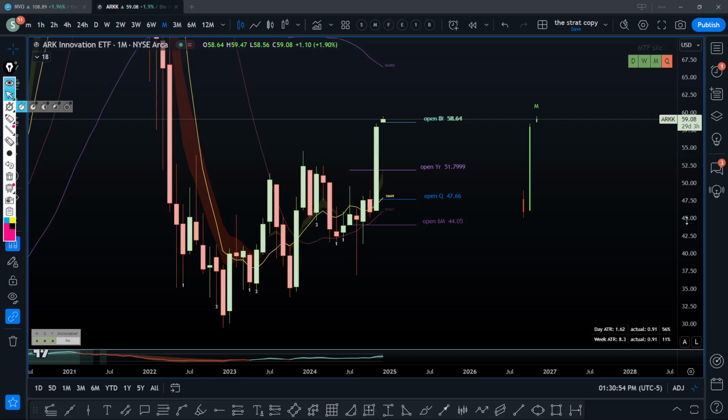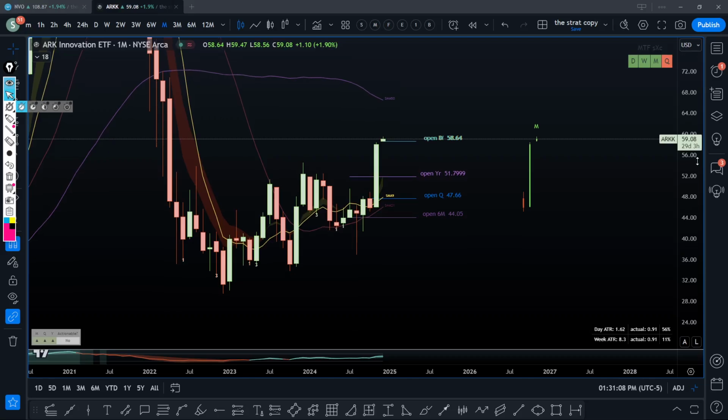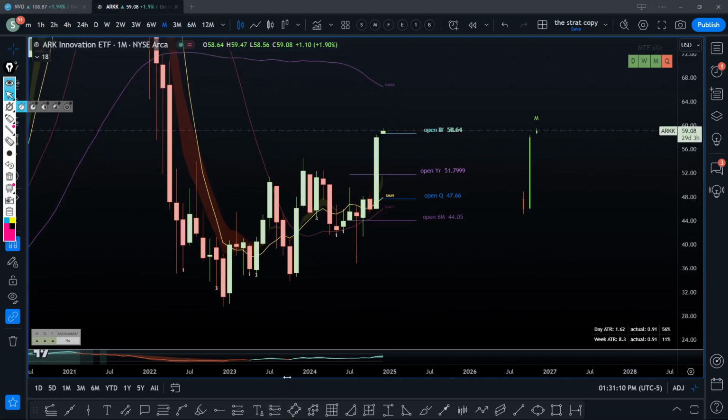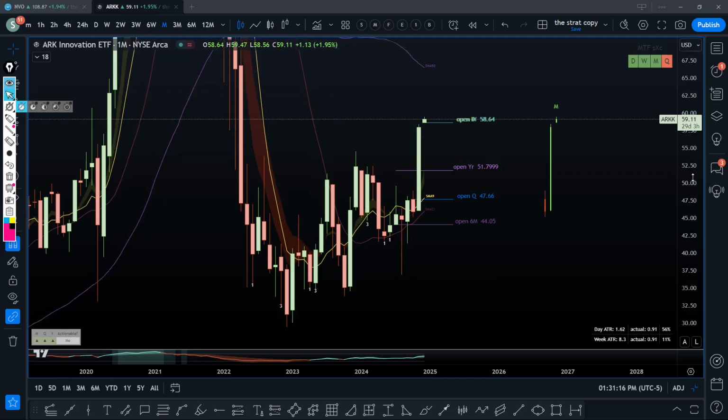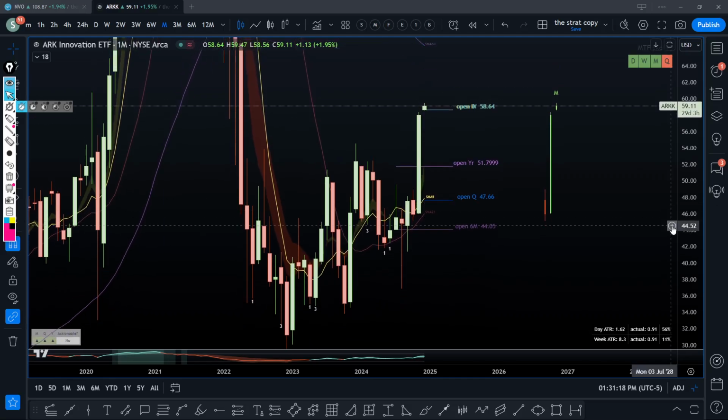I think those are the two biggest holdings in ARKK, if I'm not mistaken. I haven't checked the holdings in them in a while, but this is clearing above the yearly open, it looks like, which is amazing.